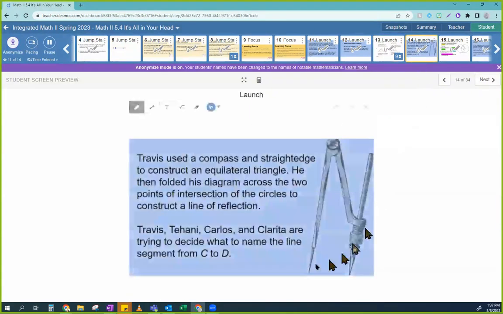Okay, so this is what a compass looks like. This is old school. Have you guys ever seen these? Yes? Did you guys try to poke people and hurt people with these? Say no. No, we did not. Yes, when I pulled these out in my classroom, I would say, repeat after me: I will not use my compass as a tool to hurt.